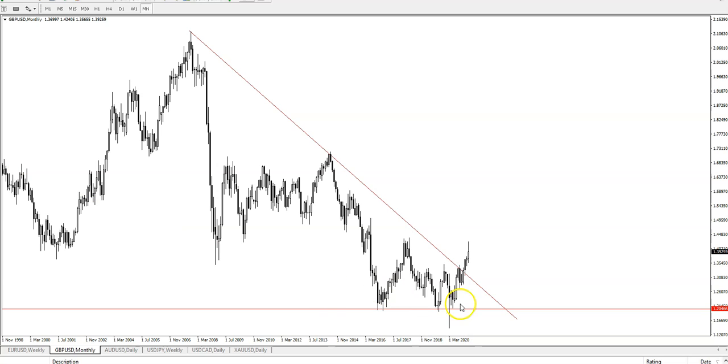Combining with my double bottom theory with a very long and sharp pin bar, I think it's safe to say that price was facing a strong, strong horizontal level there around 1.2. Whether it will continue going lower or not, it's still too early to tell.